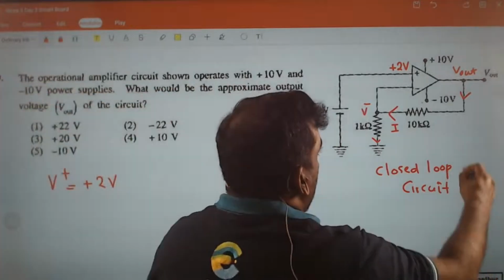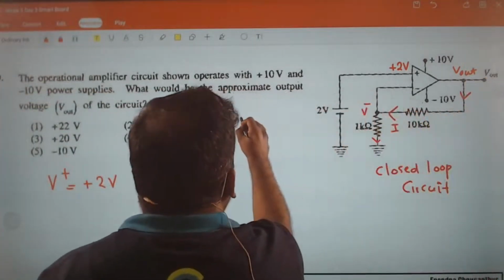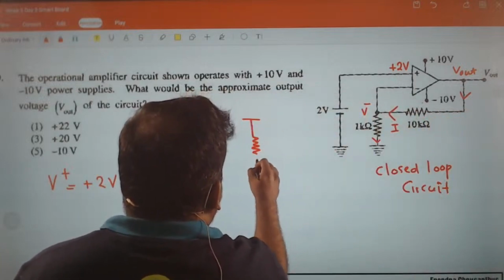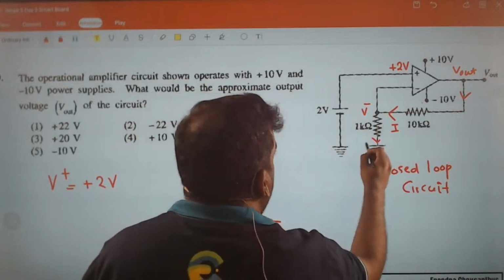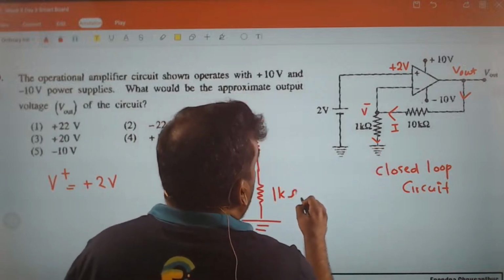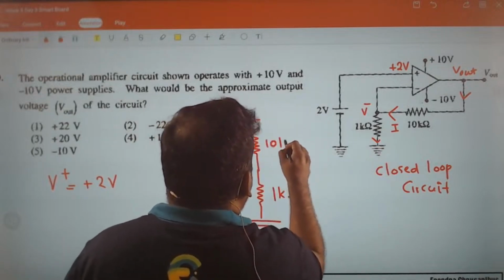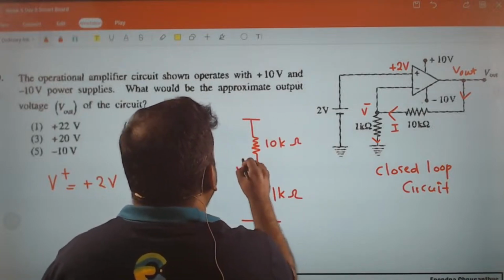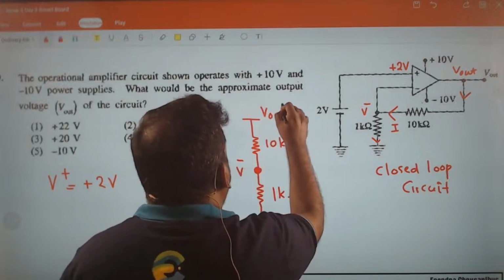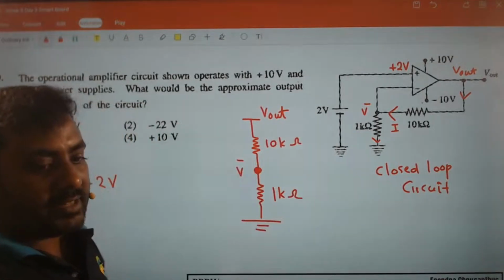If you look at this branch, I can write it like this: grounded 1 kilo ohm, 10 kilo ohm, the voltage here is V minus and here the voltage is the output. You are done, it's potential divider theory.